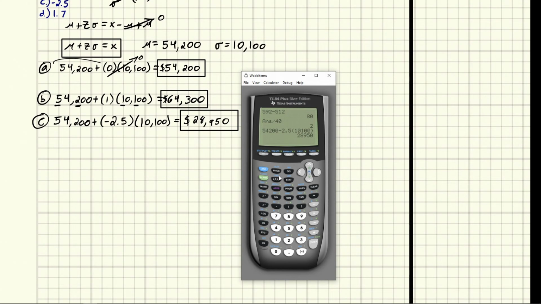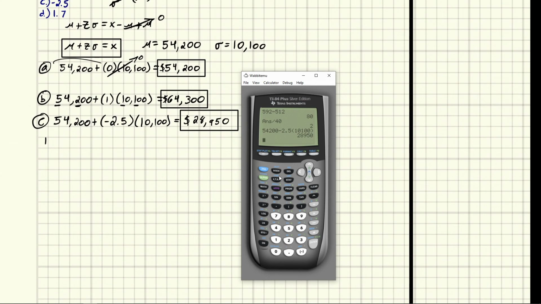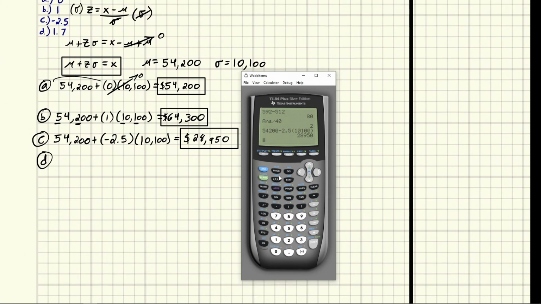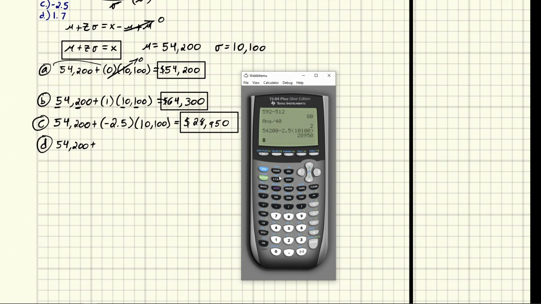So let's go ahead and do we have a D? Yep, we do. So we've got D, that's going to be 1.7. So we've got 54,200, and then we've got plus, and we're doing it for 1.7 times 10,100, our standard deviation.